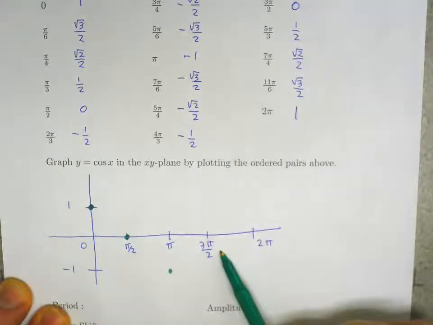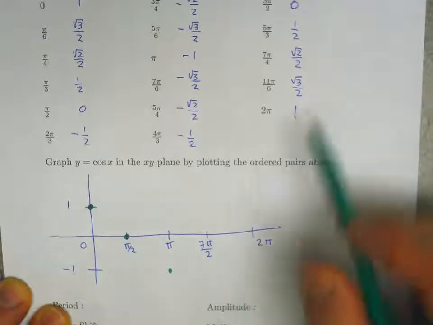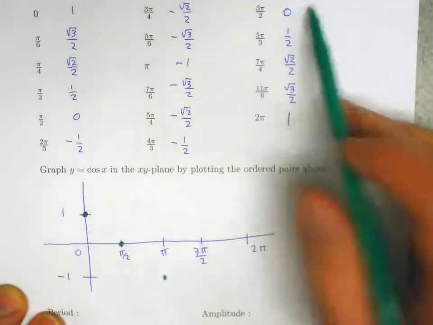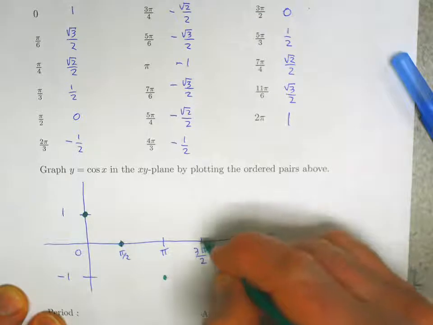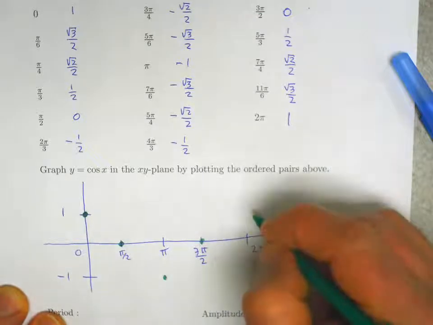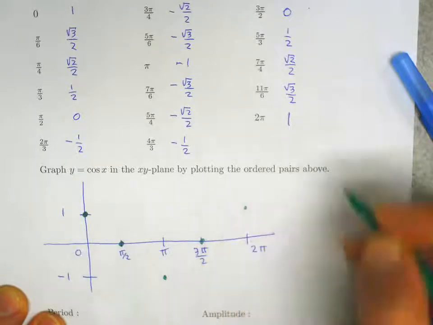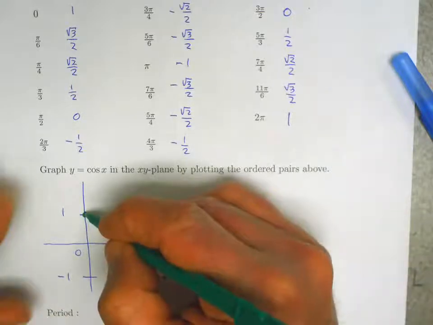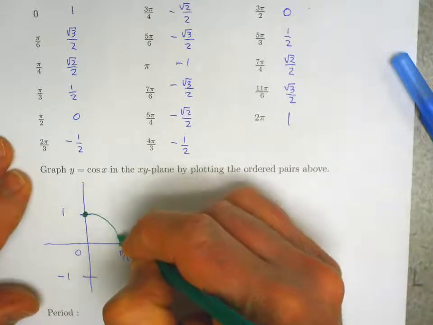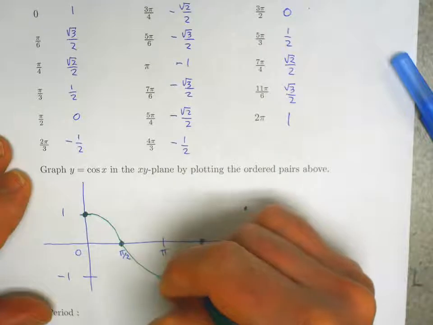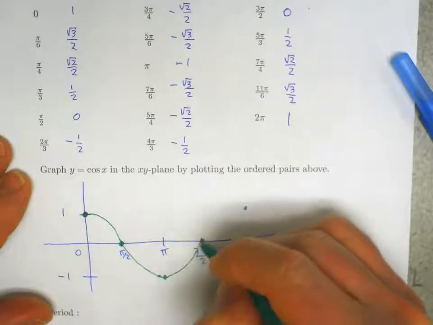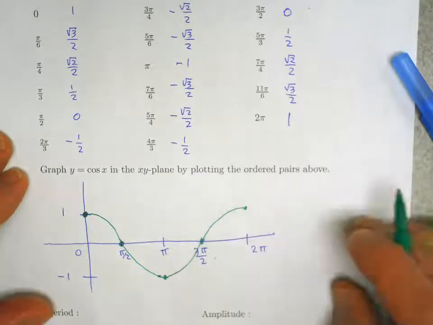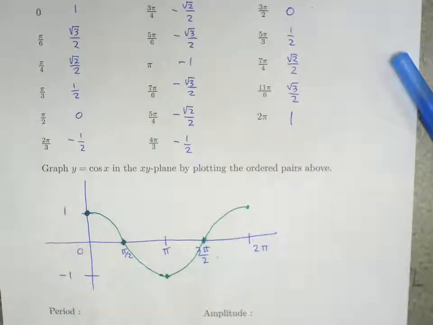Cosine of 3 pi over 2 is 0 from up here. Cosine of 2 pi is 1. So we get one period of cosine of x between 0 and 2 pi.